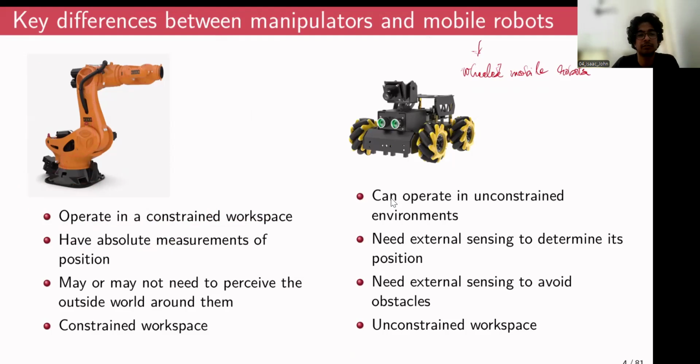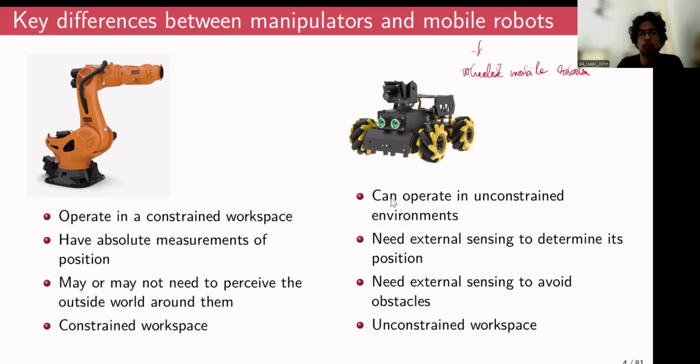It's fully determined. Whereas in case of a mobile robot, due to the fact that it can move around in its environment, and if you consider the area in which it can move to be infinite, it can have an unconstrained workspace, right? If you deploy a mobile robot in a house, it can move anywhere in the house. And if you deploy that same robot in a different house, its workspace changes.